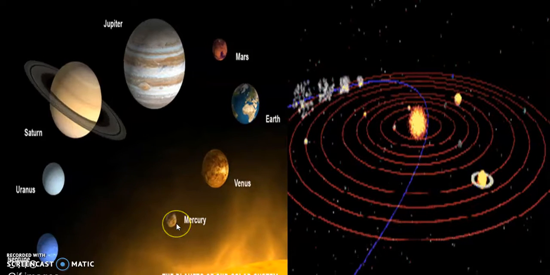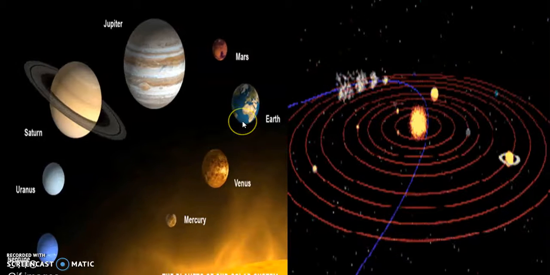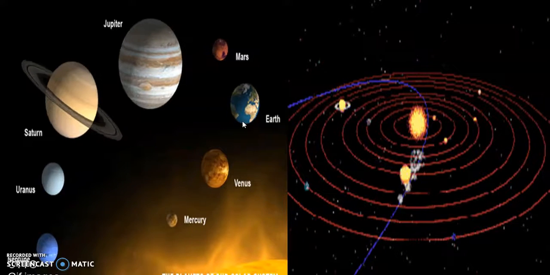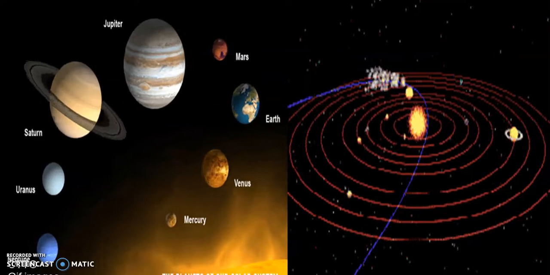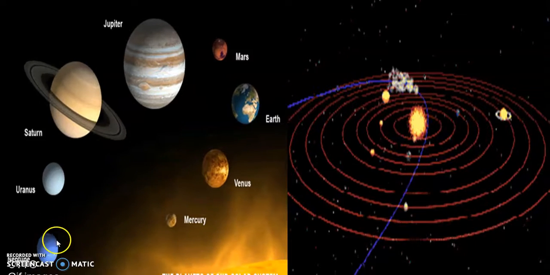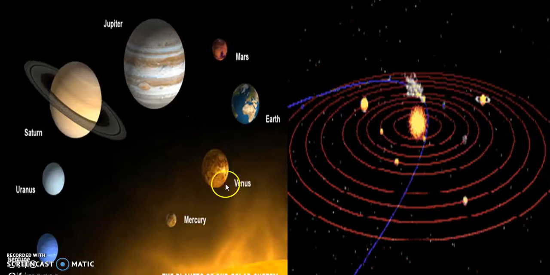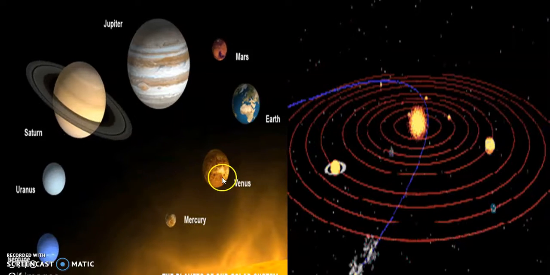The nearest planet to the Sun is Mercury, and the Earth is the third planet from the Sun. The farthest planet in the solar system is Neptune. So all of these planets have different distances.